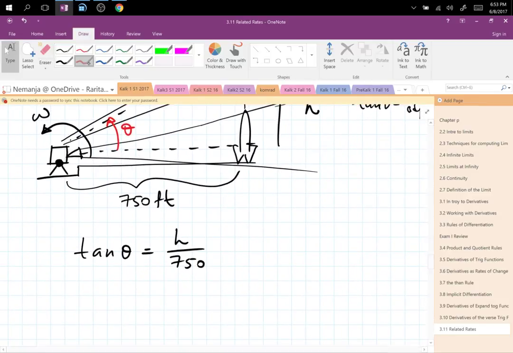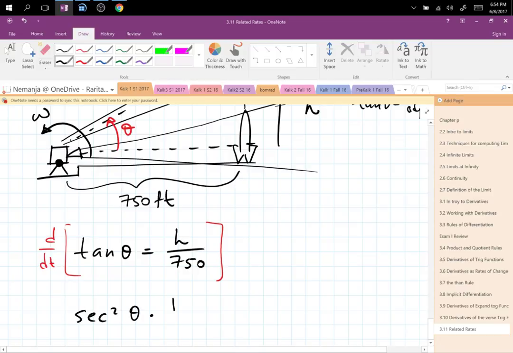Well, I already have the equation, now I just need to take the derivative of it with respect to time to let these things move. What's the derivative of tangent theta? Secant squared theta times d theta dt, right?